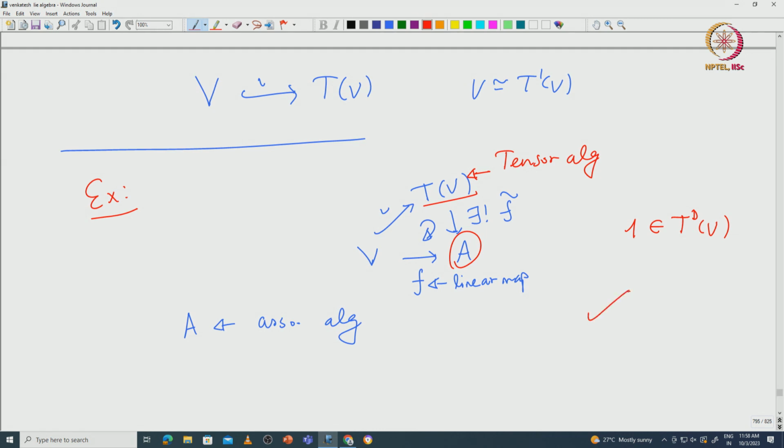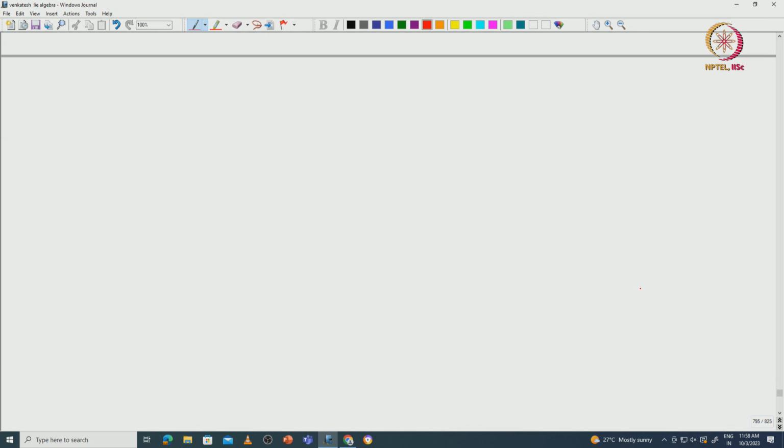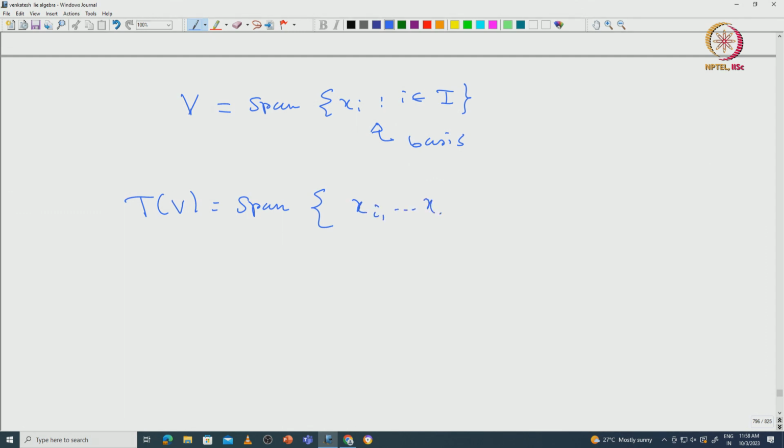Now it is not hard to see that if we take V to have a basis x_i, where i comes from an index set I, then T(V) is spanned by all elements x_{i1} etc. x_{ir}, where i1 etc. ir come from I and r comes from the natural numbers, and there is the empty word that corresponds to 1 if r equals 0.